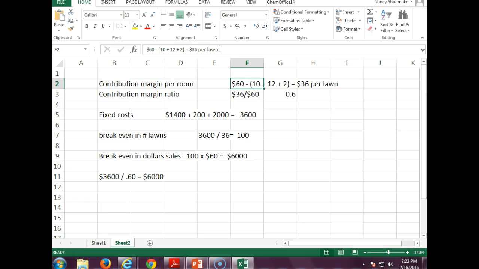Okay, so how much does it sell for a night? 60. And what are our variable costs per room? 14 plus the 28, right?